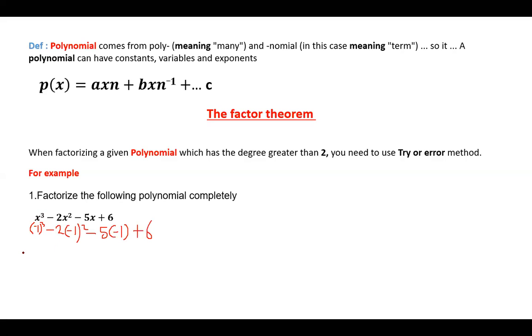So -1 to the power 3 gives -1. -1 to the power 2 is +1 times -2, you get -2. Then -1 times -5, you get +5, then plus 6.